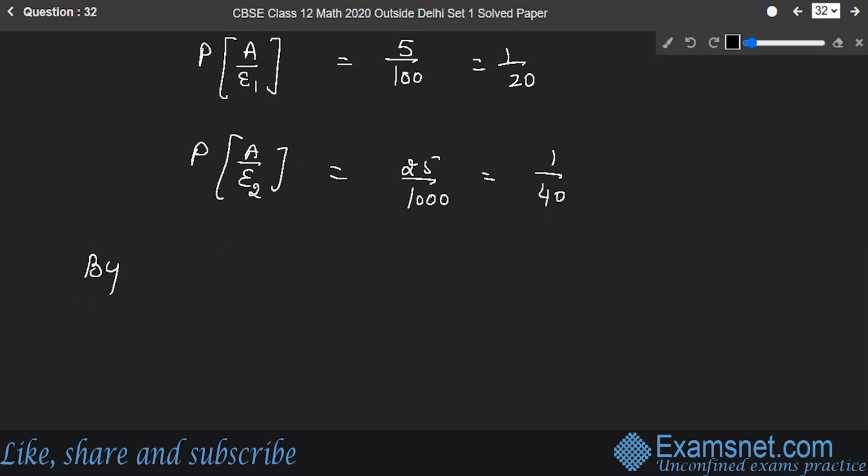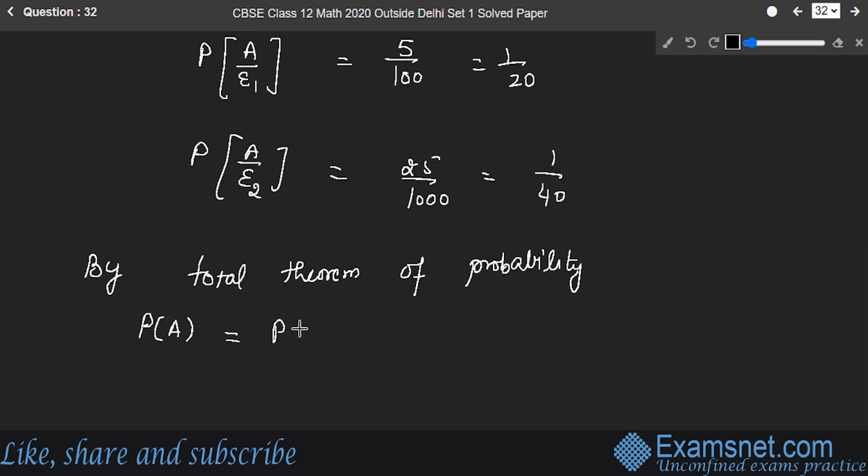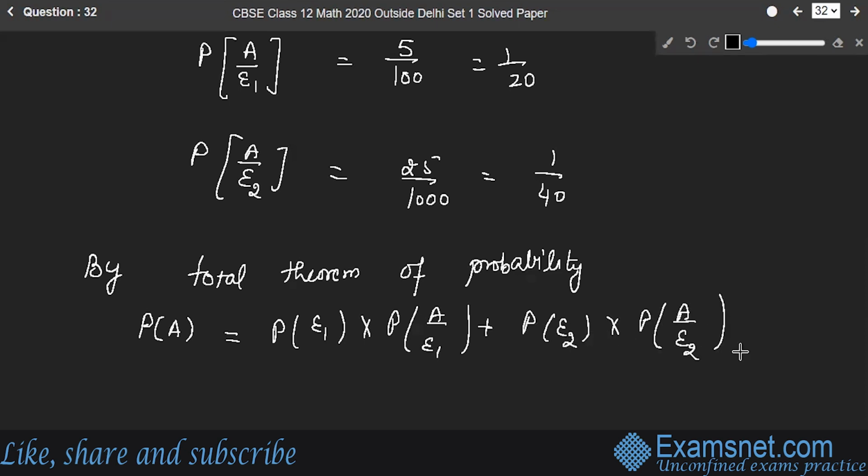So, by total theorem of probability, you have probability of choosing a good orator is equal to P(E1) multiplied by P(A upon E1) plus P(E2) multiplied by P(A upon E2).